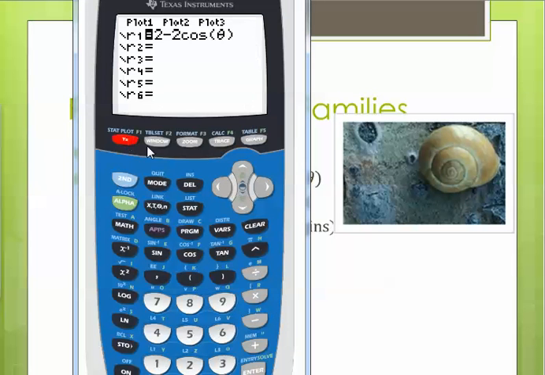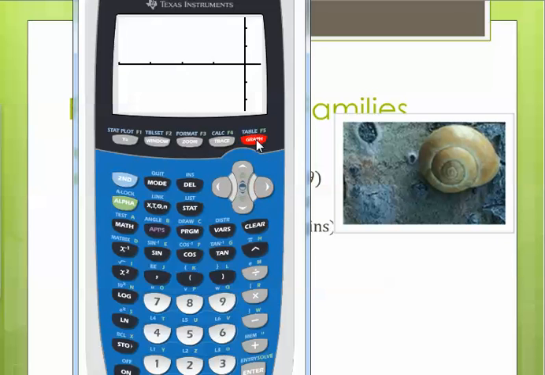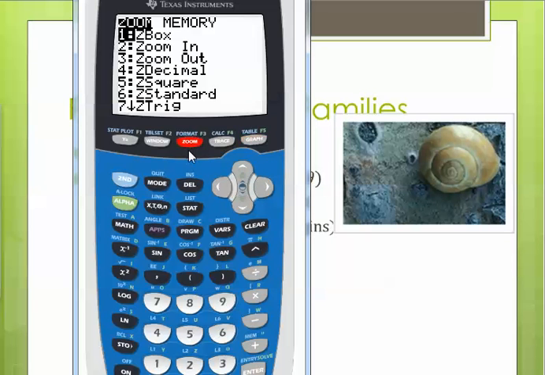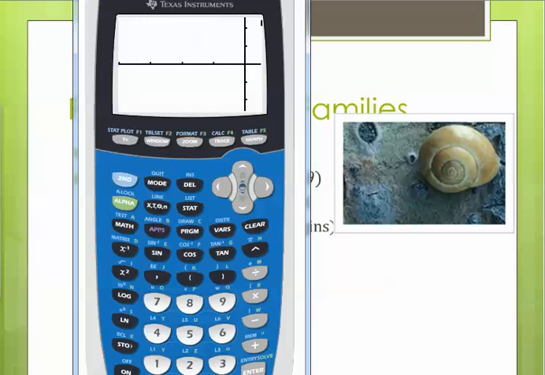So let's look at one here. So let's say we've got a 6 minus 2 cosine theta. Let's do a graph of that one. And we'll have to zoom it to make certain it fits. Zoom fit. And we should get... That looks almost like a circle, doesn't it?